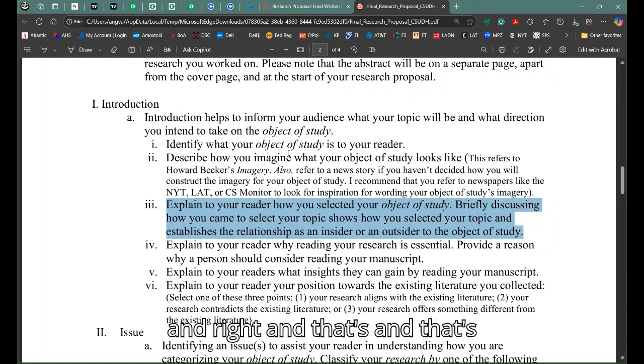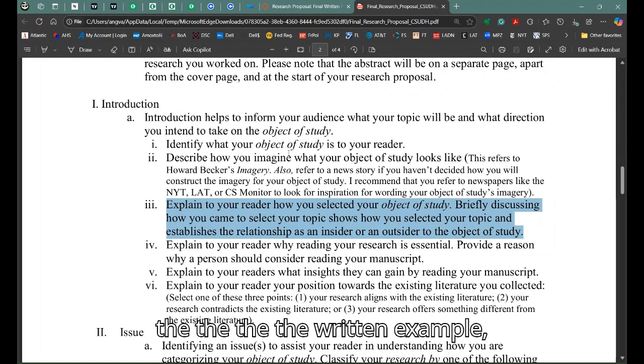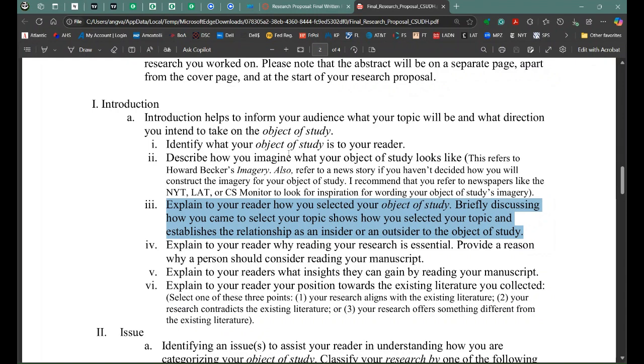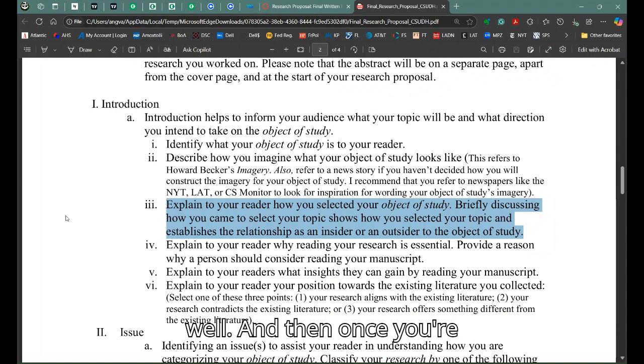And that's a legitimate explanation or reason to do a study. Oh, excuse me. And again, when I show you the written example, I'll show you that in the paragraph as well.